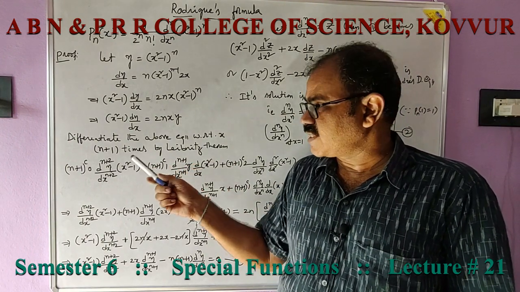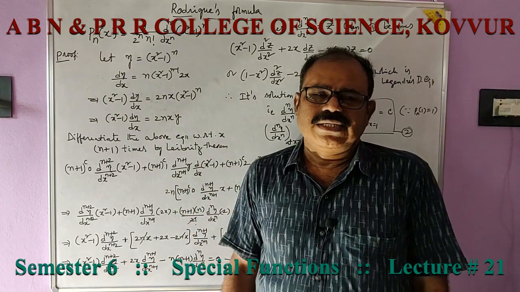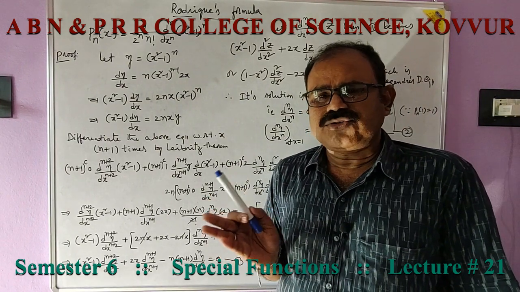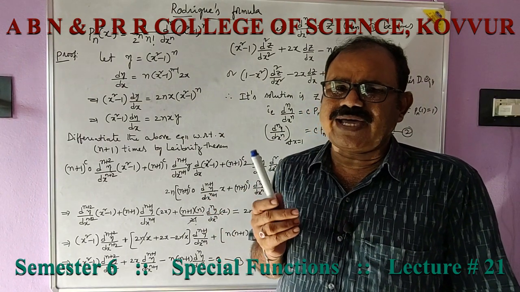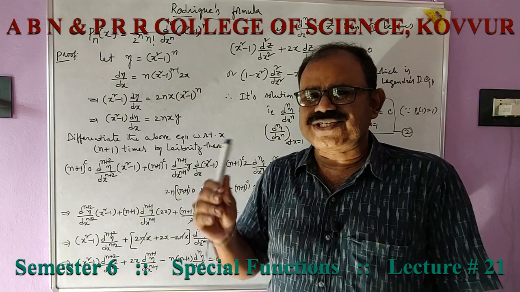Differentiate with respect to x, n plus 1 times, by Leibniz theorem. By using Leibniz theorem, how to differentiate d power n by dx power n of u into v, where u and v are two functions in x?